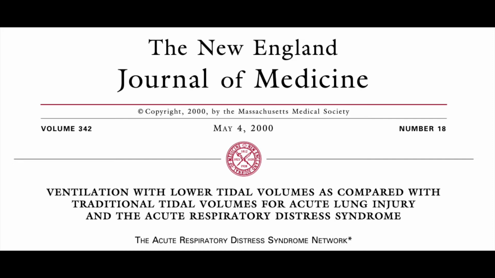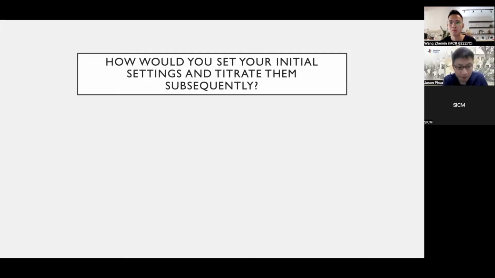And as such, when we first intubate the patient, we just set whether it's volume control or pressure control to target a tidal volume of 6 mLs per kg of predicted body weight. And predicted body weight is based on height as well as gender. And then we go on to FiO2 and PEEP.